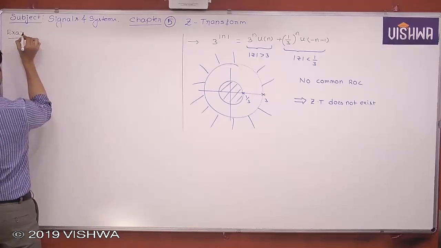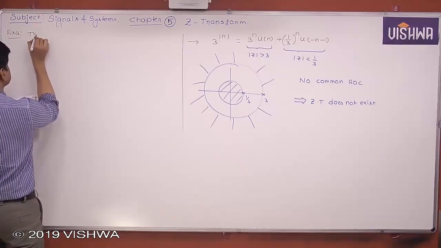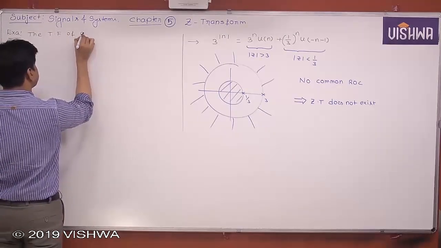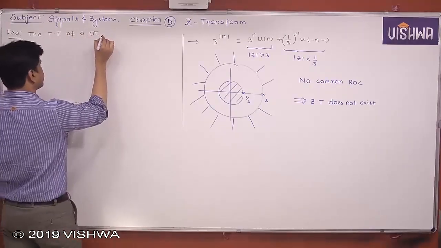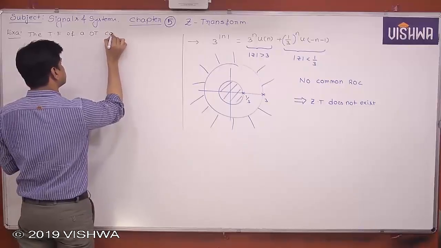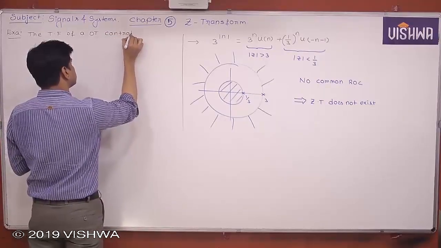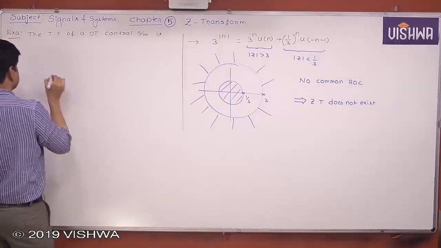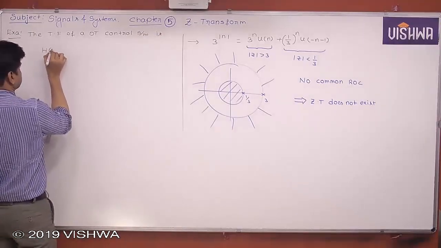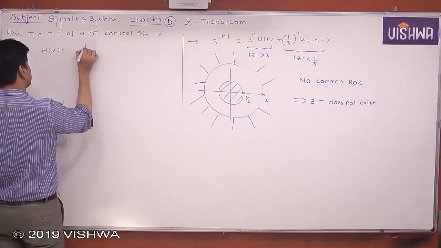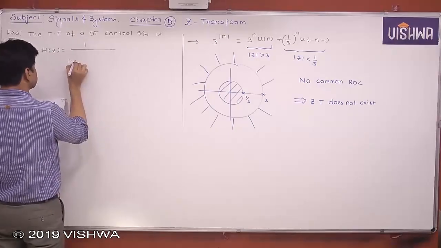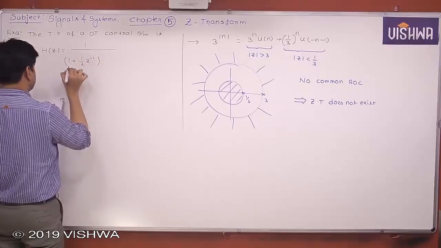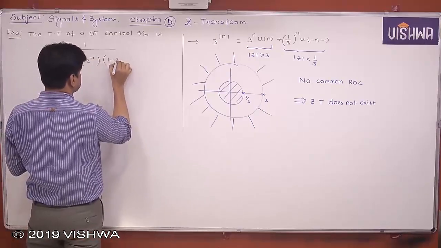The transfer function of a discrete time control system is H of z is equal to 1 by 1 plus 1 by 2 z inverse, 1 minus 3 z inverse.